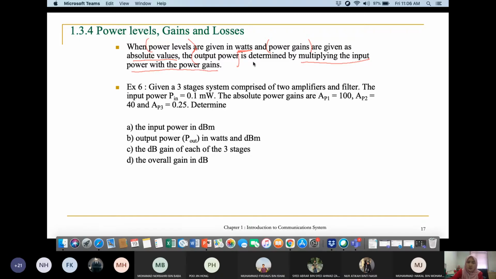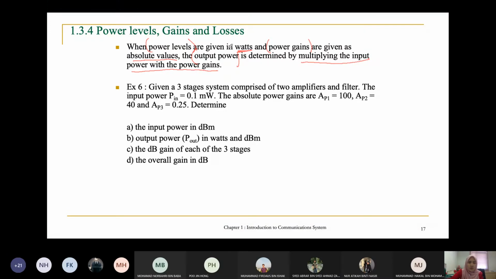So from this statement, if you want to calculate the output power, I define it as P out, PO. So P out is equal to P in multiplied with the power gain. The power gain is AP.